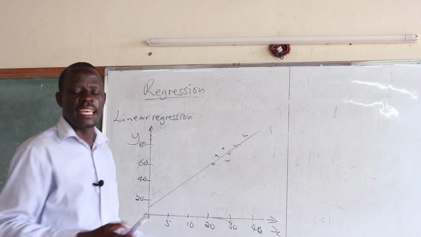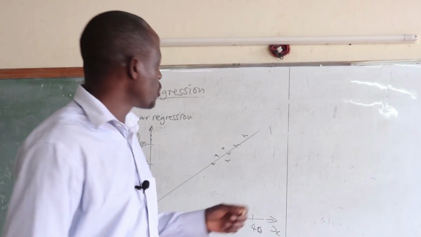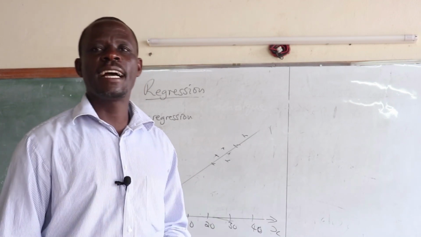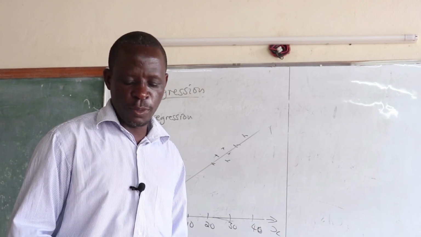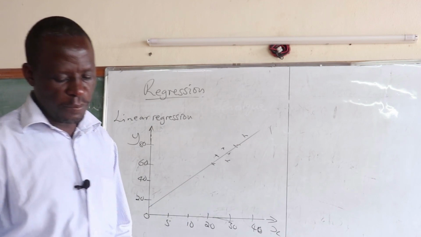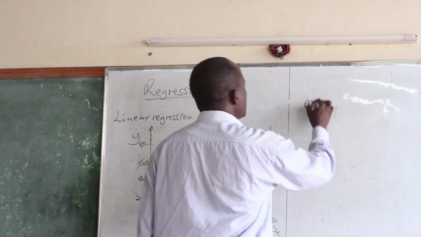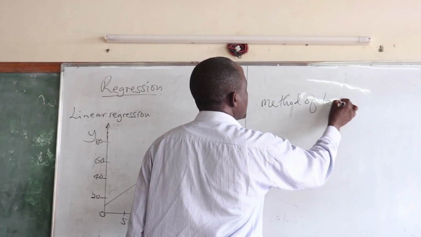Some people call this drawing the line by eye. But there is a very good mathematical method which we use to fit this line, and we call it the method of least squares.